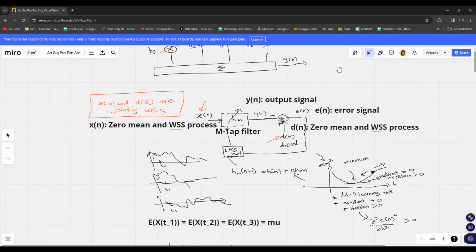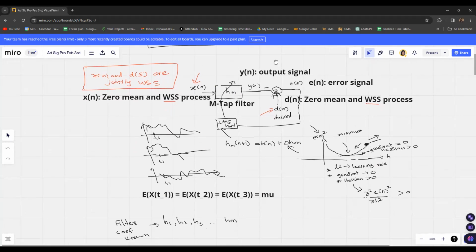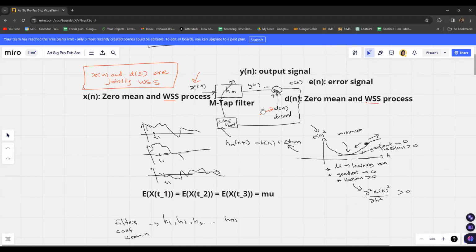In the second diagram, what we show is that the output of the filter is being compared with the desired signal. Assuming that we know the desired signal, we can compare it with the output of the filter.